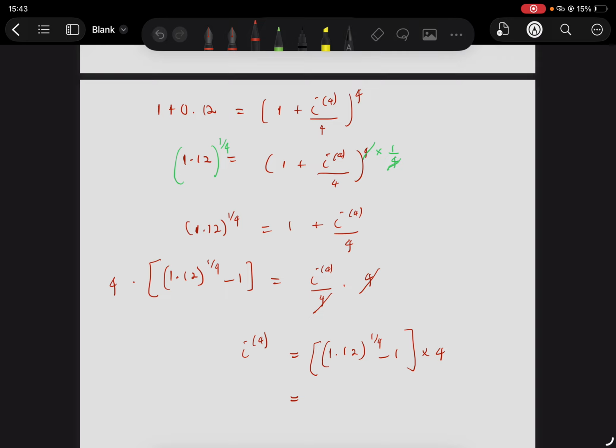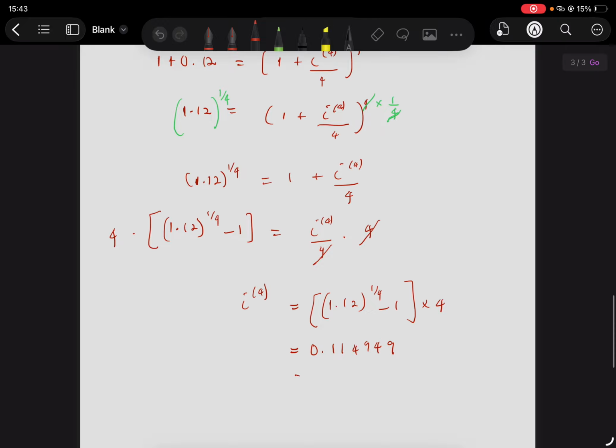Punching it in on my side, this is equal to 0.114949, and that can be approximated as 11.49%.